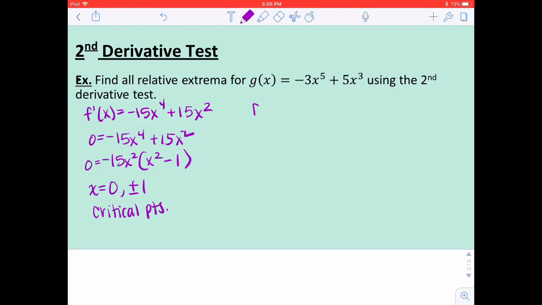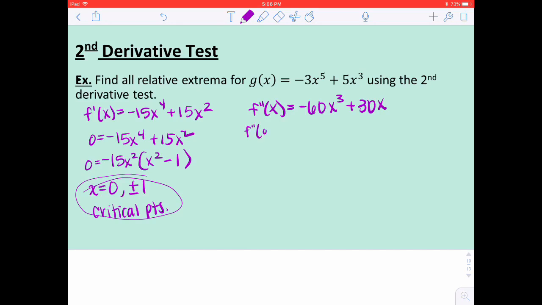Now let's find the second derivative. So we get negative 60x cubed plus 30x. So now we want to use the critical numbers from the first derivative to find the relative min and relative max. Okay, so we're going to use these points and plug them in.